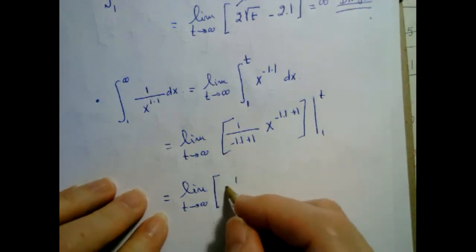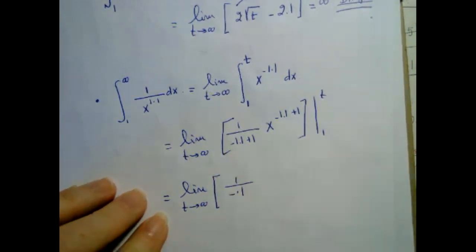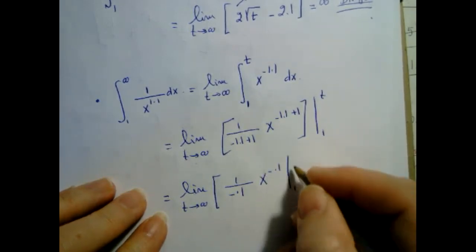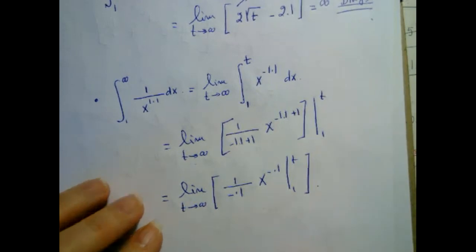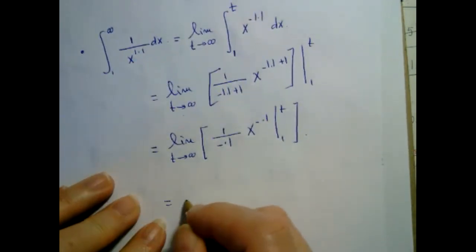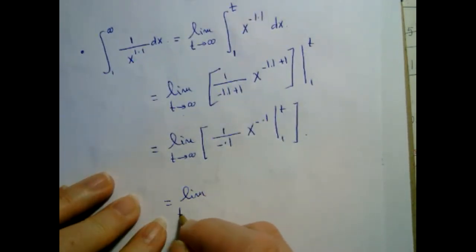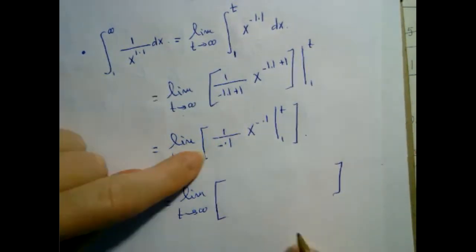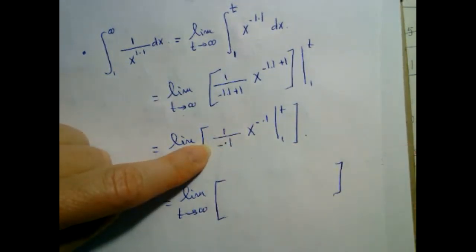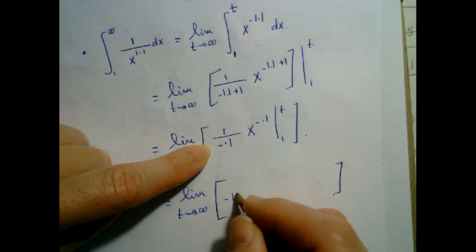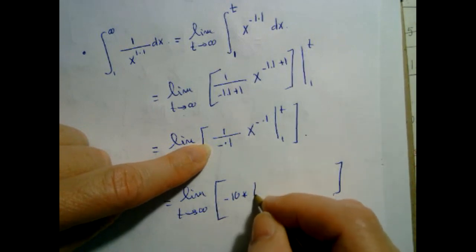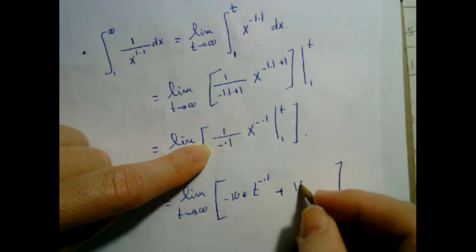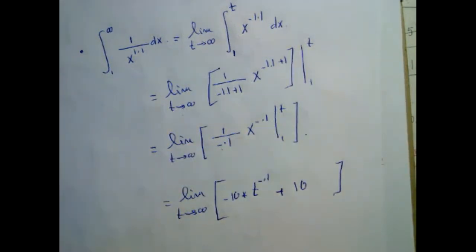Minus 1.1 plus 1 gives me minus 0.1, x to the minus 0.1 evaluated between 1 and t. So finally, by the fundamental theorem of calculus, 1 over minus 0.1 is minus 10. So it's minus 10 times t to the minus 0.1, plus 10, since 1 to any power is 1.